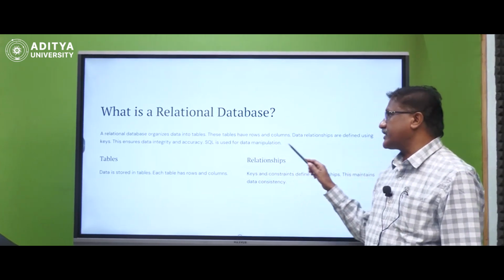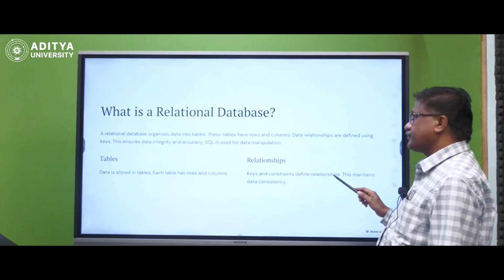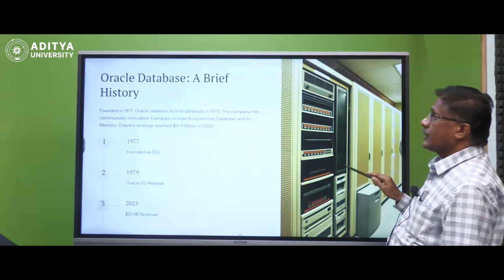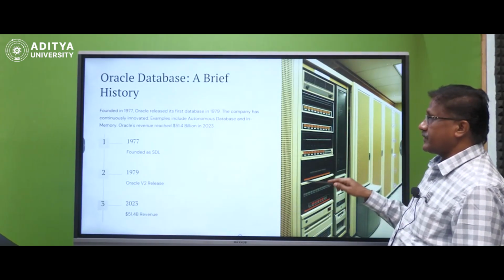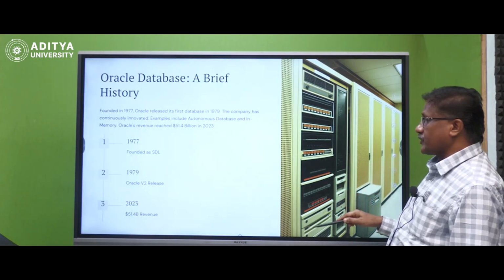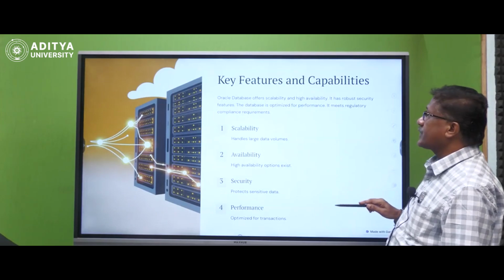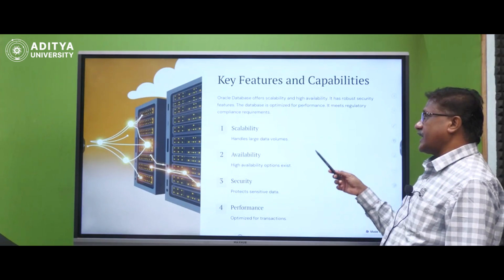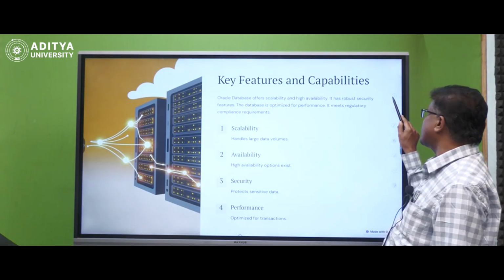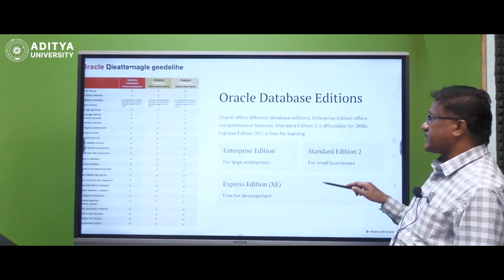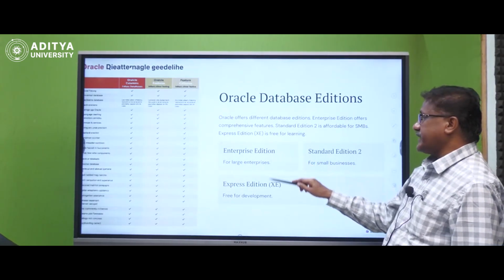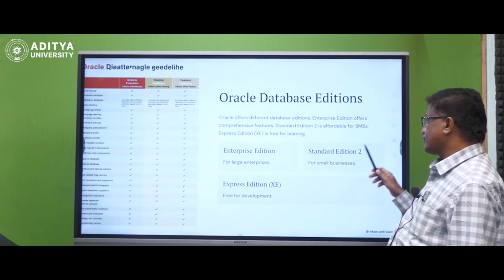SQL, structured query language, is used for data manipulation. And Oracle database history: from 1997 up to 2023, Oracle 23 version is going on. These are the various features: scalability, availability, security, and performance. Oracle database editions are standard, enterprise, and express edition.